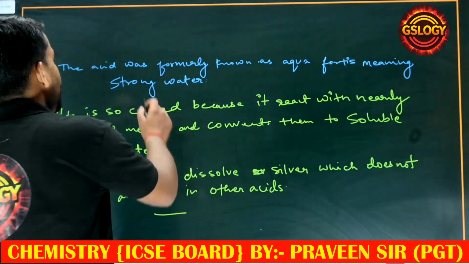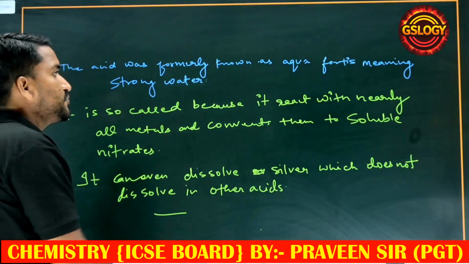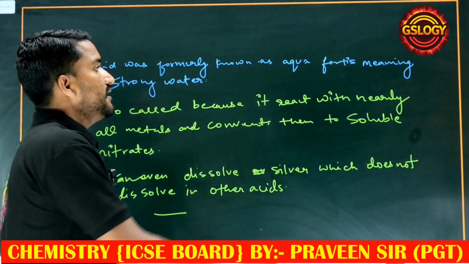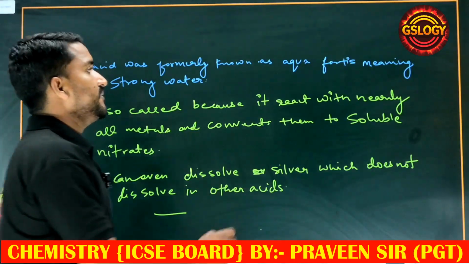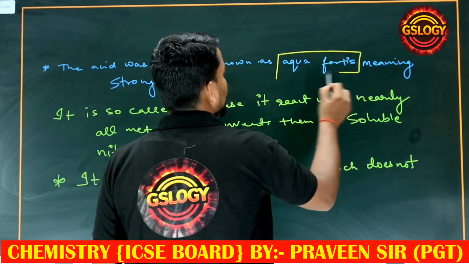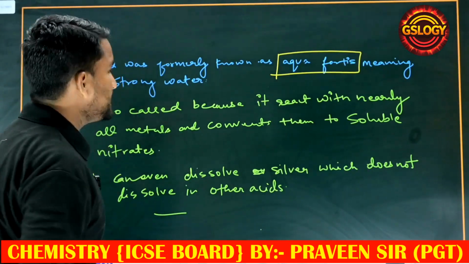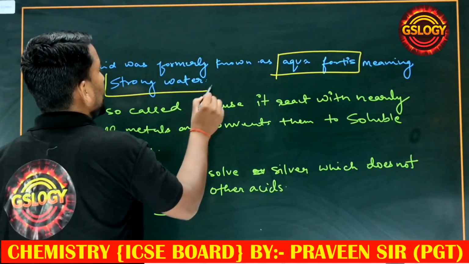The acid was formerly known as aqua fortis. What does it mean?